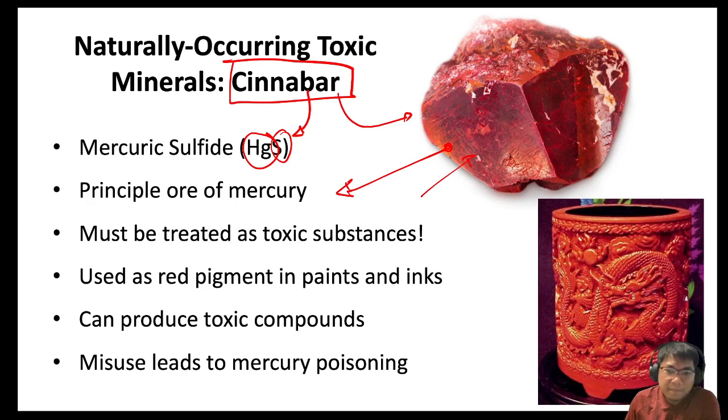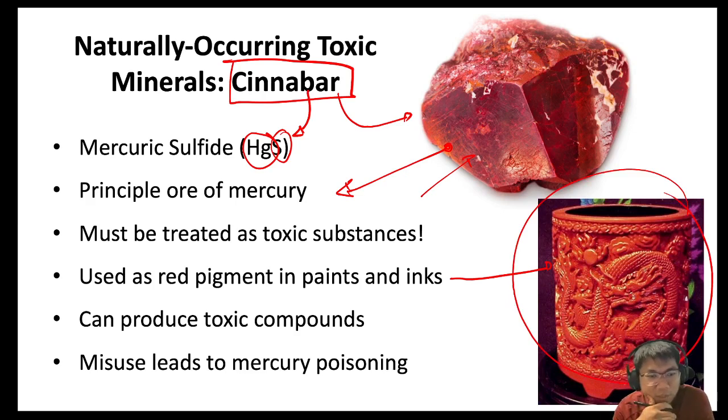But in some regions, it is actually used as red pigment in paints and inks, as you can see right here. These red pigments are coming from cinnabar. They can produce toxic compounds, and the misuse of cinnabar can lead to mercury poisoning.